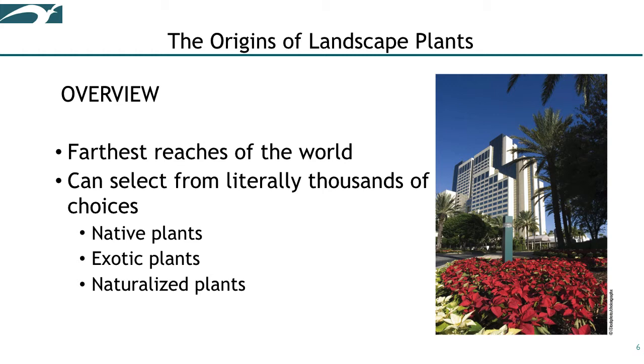What you want to do is to study the native plants of that area. And within the native plants, you might also want to look at what are the exotic plants from another area to bring in, and what will be the naturalized plants that you are dealing with within your area. So you can have a native plant that will also be an exotic looking plant and it naturalizes within the area.